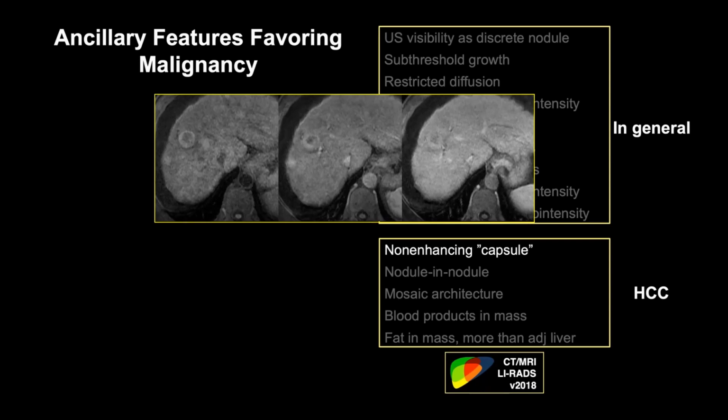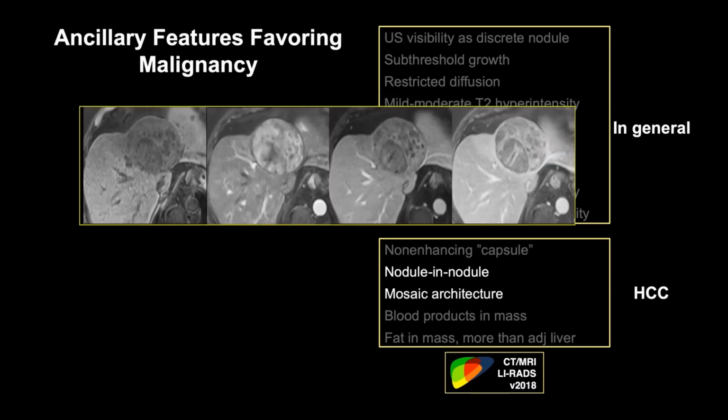This feature is thought to represent an HCC tumor capsule, and tumor capsules are very common in HCC, but rare in other malignancies in the cirrhotic liver. Therefore, this non-enhancing appearance is considered very specific for HCC in particular. Unfortunately, it's not present very often and thus put into the ancillary feature category.